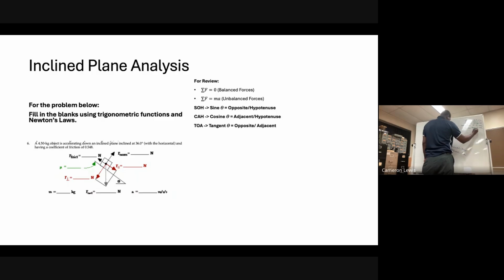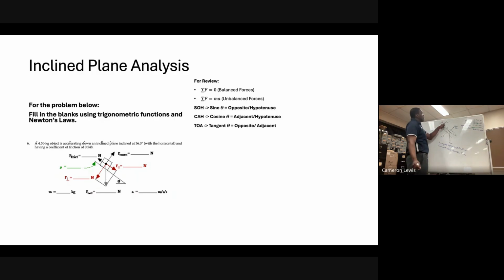Then we have 25.9 minus the frictional force, which is equal to our mass, 4.5, times our acceleration. We don't know the acceleration, we don't know the frictional force, but can we find it? We know the frictional force, and we have mu. They gave us mu, 0.548.